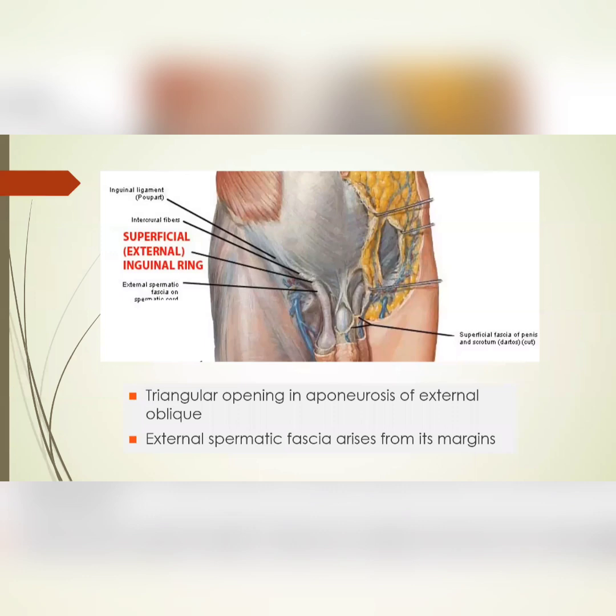So when you go through these diagrams, you can get an idea that the areas that are colored in whitish gray color is actually the external oblique aponeurosis in the region of abdomen. And you can see how that is getting extended into the various regions that we have mentioned.